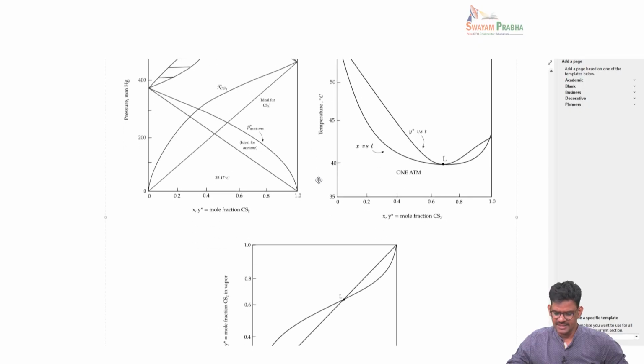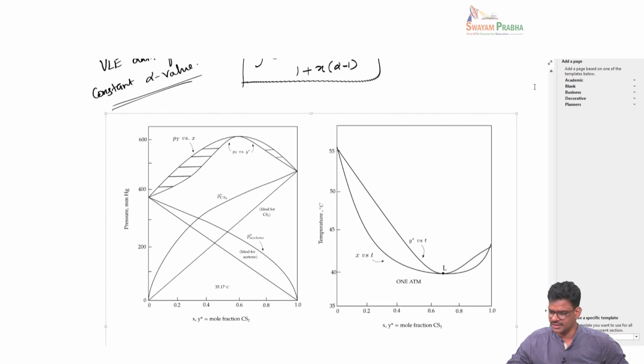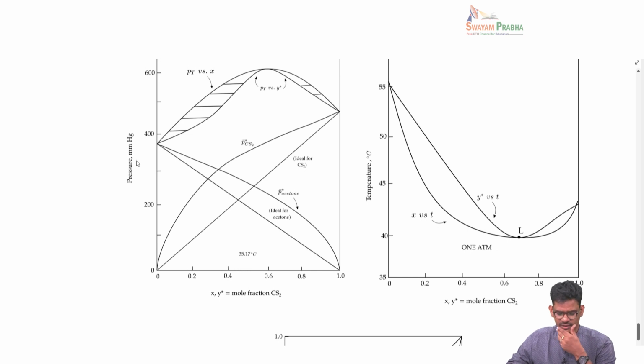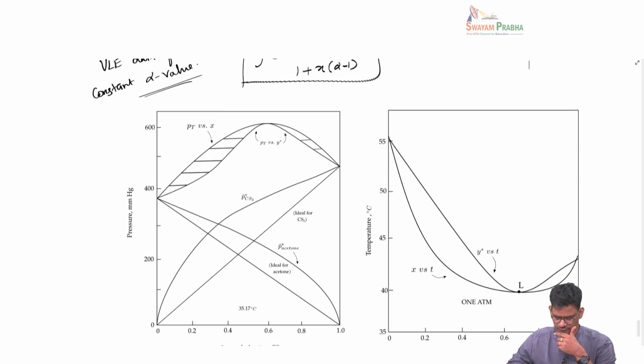I am showing some examples of mixtures. On the left hand side, you are looking at PXY data for a mixture of carbon disulfide and acetone. These are actually non-ideal mixtures. Why do I say non-ideal?